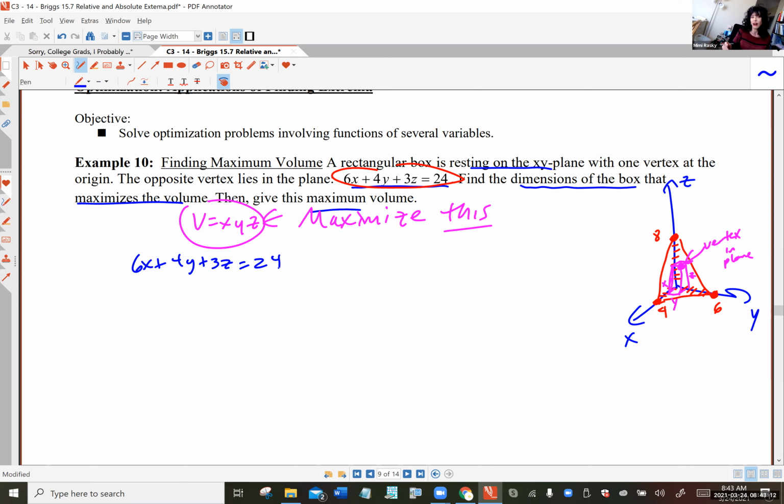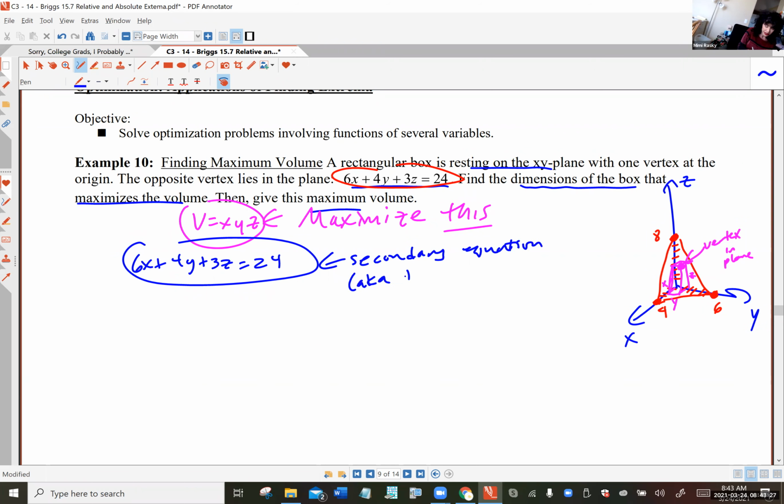You don't want to do any calculus on that. That's just what we call the secondary equation, also known as a constraint, because it's constraining our box, aka the constraint equation. It's not the quantity that you're trying to maximize or minimize. You're trying to maximize, in this case, your volume.